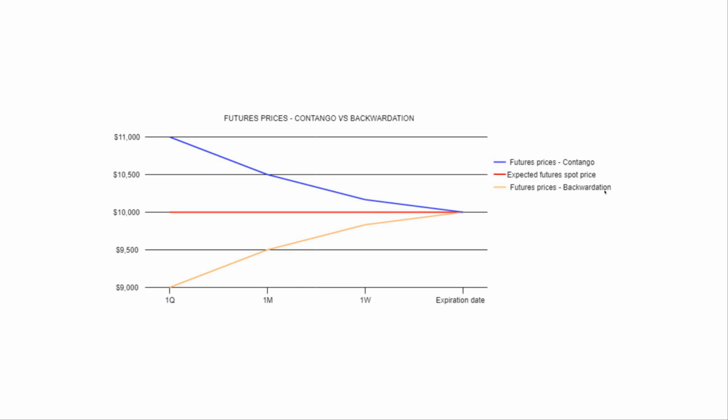Now futures price backwardation: spot 10,000, futures 9,000. This is our equilibrium point where everything's in line. But we look for these differences, and the more extreme they are can sometimes help us determine that maybe the buyers are a bit too aggressive or maybe the sellers are a bit too aggressive.